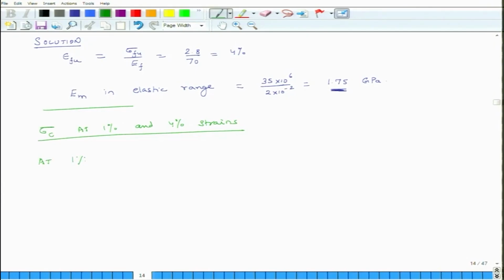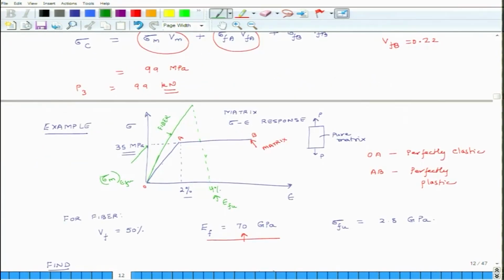At 1%, now look at this curve again. This is 1%. At 1%, the matrix will not break, nor will the fiber, nothing is going to break.